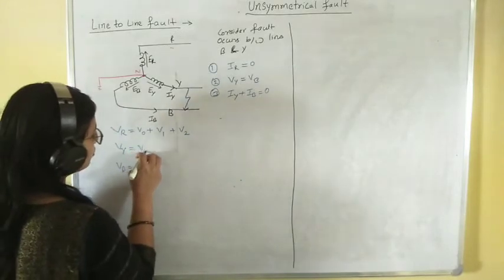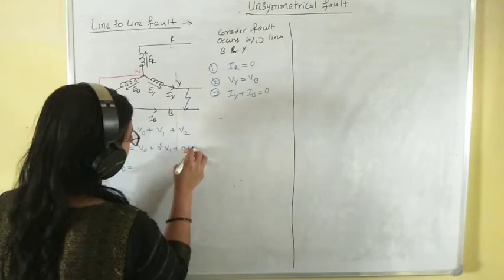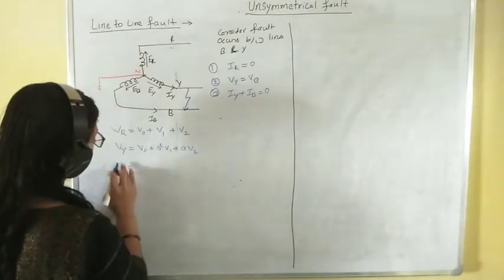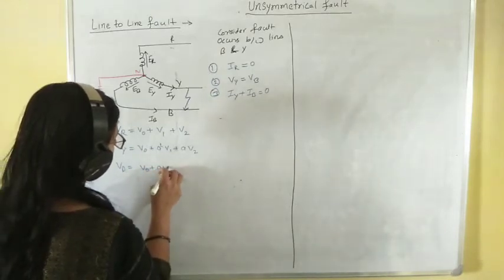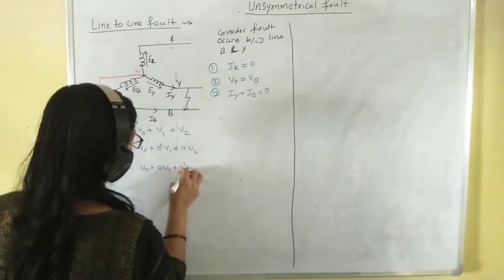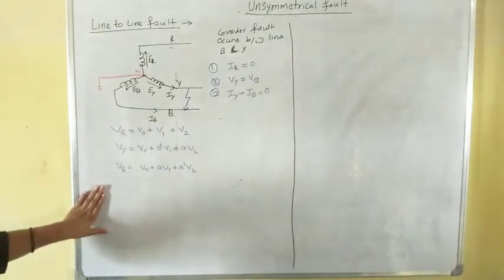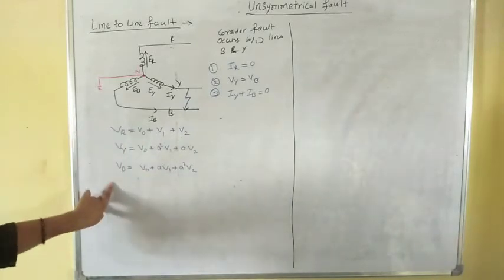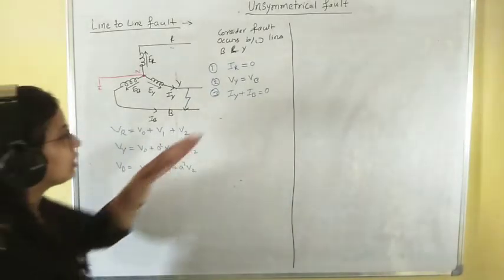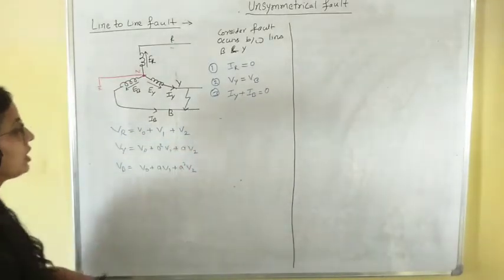Vy is V0 plus A square V1 plus A V2. For Vb it is V0 plus A V1 plus A square V2. So these are the equations of line voltages, and for currents we will write the same thing in terms of sequence currents.